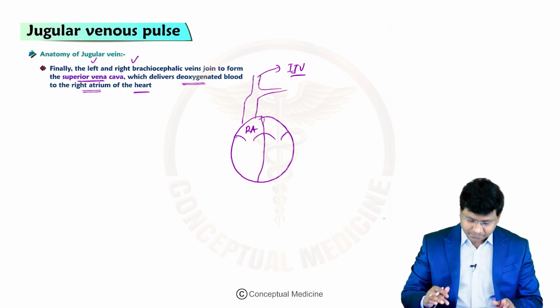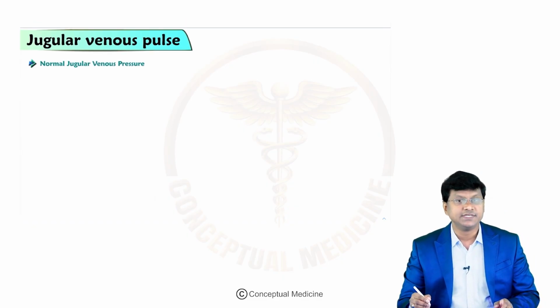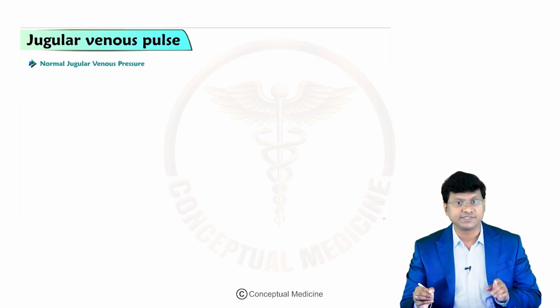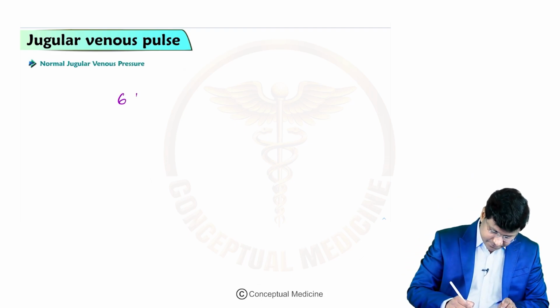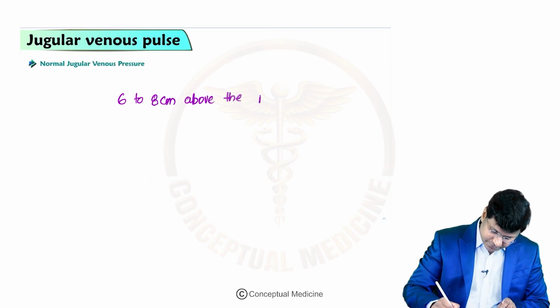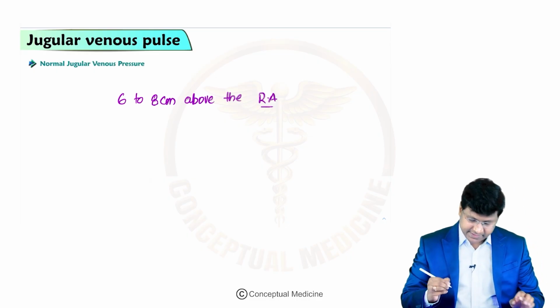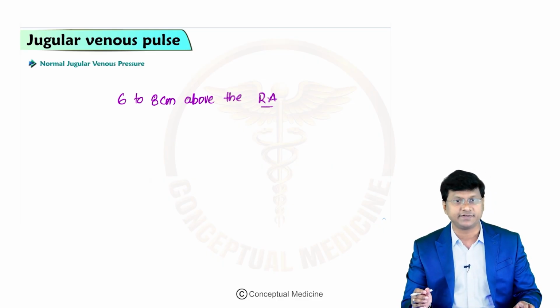Now, how much is the normal jugular venous pressure? Normal jugular venous pressure is almost 6 to 8 centimeters above the right atrium.